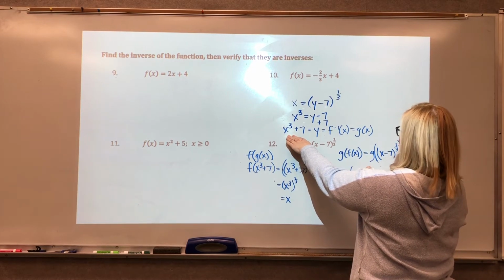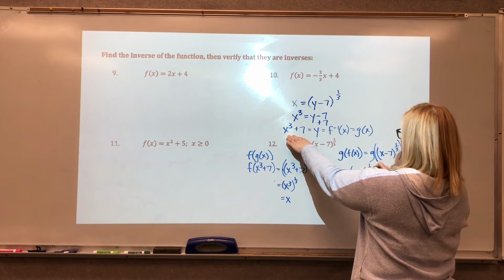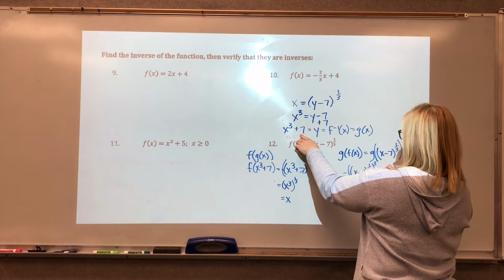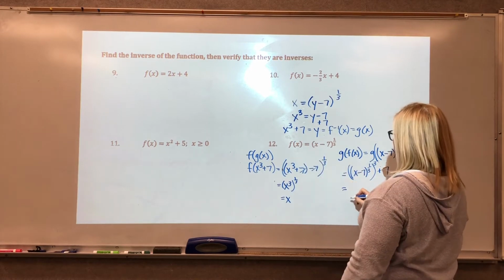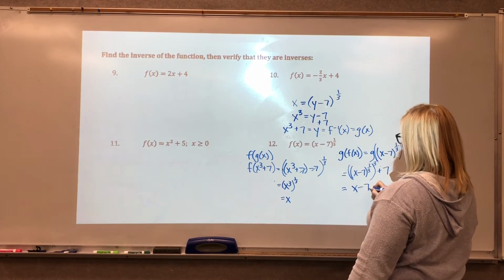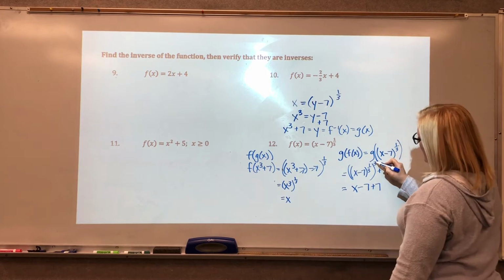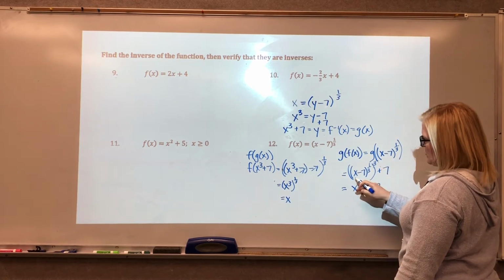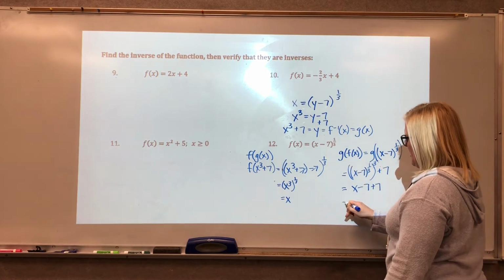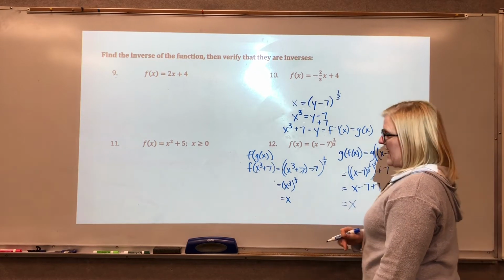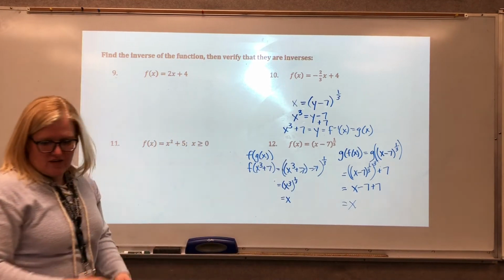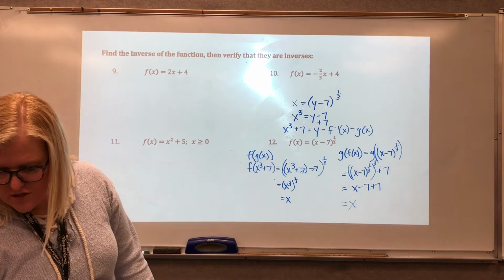Okay, x minus 7 to the 1/3 cubed, plus 7. That gives us x minus 7 plus 7, because this cube undoes this, right? That undoes that, so I'm left with just x minus 7 plus 7, which gives me x. All right, moving on to the next page.